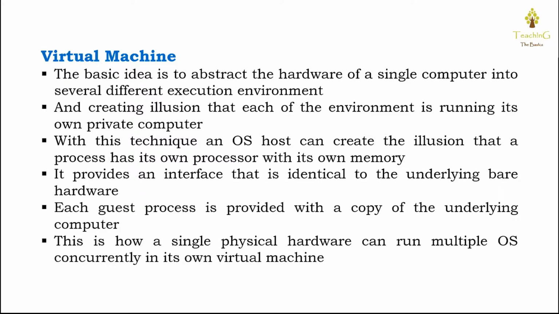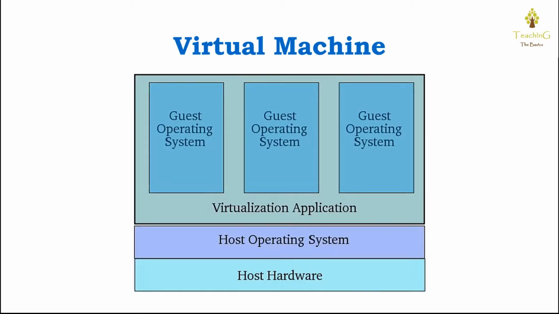This is how a single physical hardware can run multiple operating systems concurrently, each in its own virtual machine. Now this is the image that describes it. Underneath there is the host hardware, and there is a host operating system, and a virtualization application, like VMware or VirtualBox, which you may have heard about.